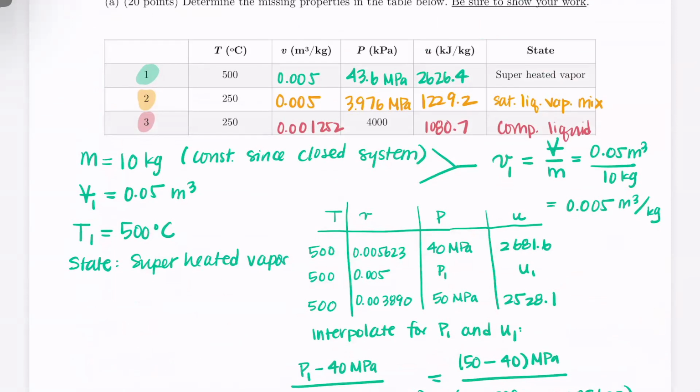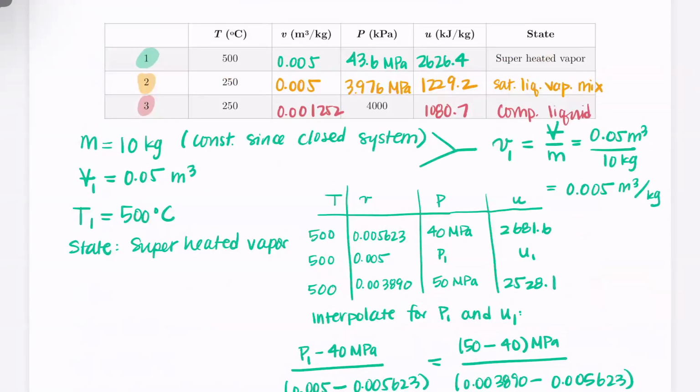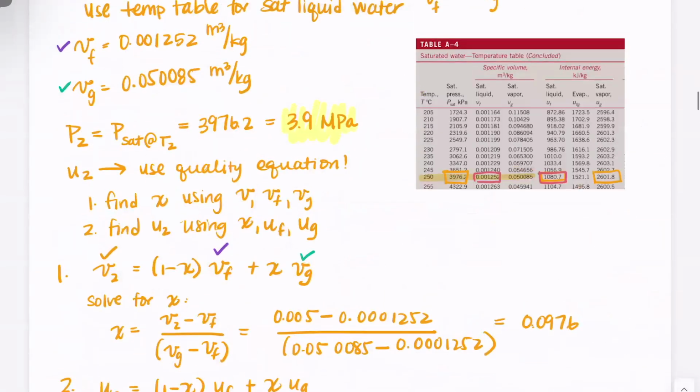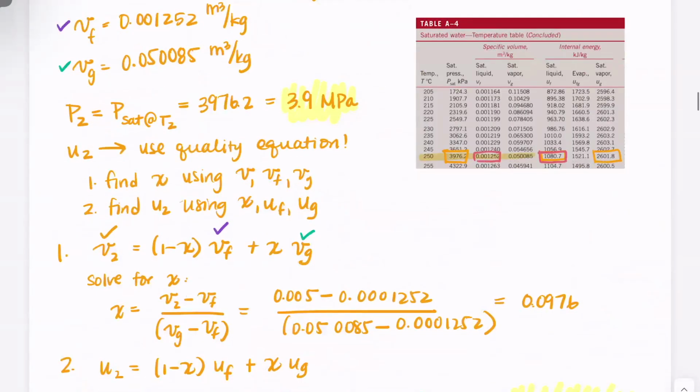So if we look at this table, at 250, with P and V, at our V3, we know that this line is 3.976 MPa, right?